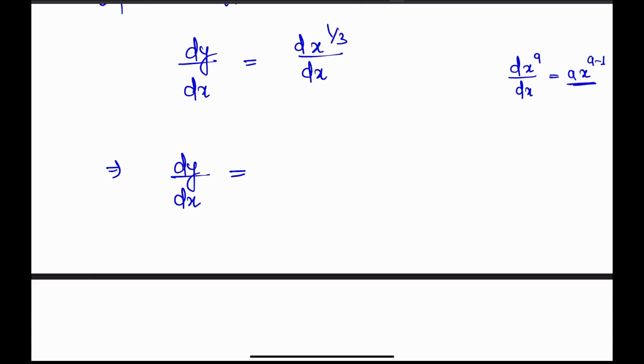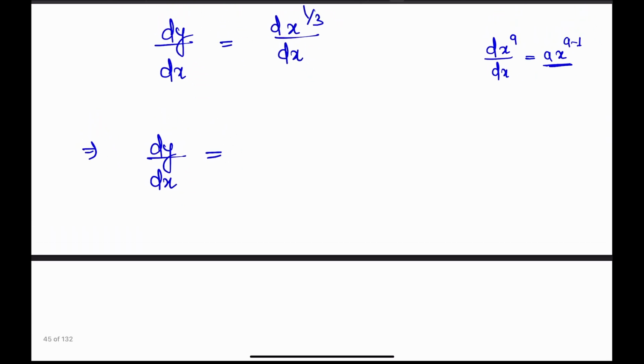It's not mandatory for everyone to understand; it's just for those who know, this is the formula I derived. So 1 by 3 is the power, so 1 by 3 will come here into x to the power a minus 1. Here a is 1 by 3, minus 1, so it will become x to the power minus 2 by 3.